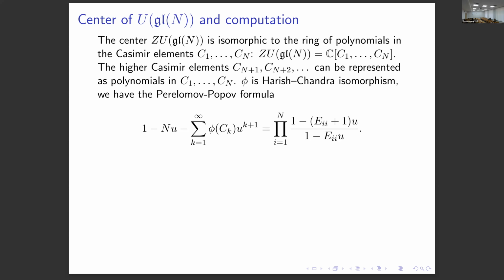But I'm afraid the letter phi is not appropriate here because we use phi for the weight system. Yes, I changed it; the weight system is W, not phi. Okay, fine.